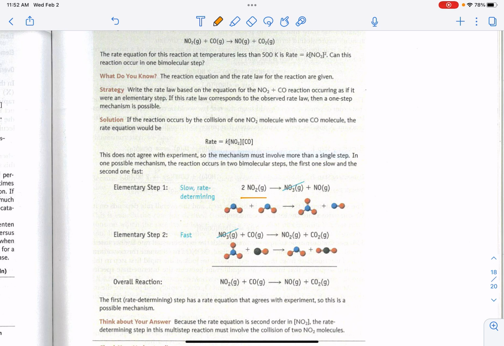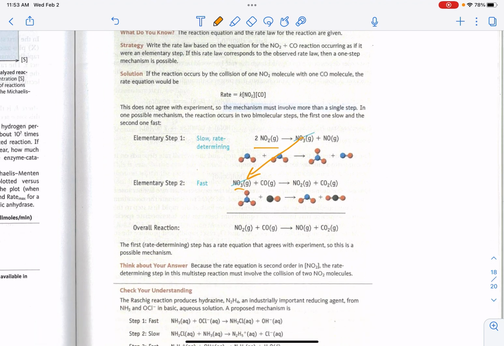And then in elementary step number 2, we propose that nitrogen trioxide, which is produced in step 1, is going to be consumed in step 2, and that intermediate product becomes my intermediate reactant. It reacts with carbon monoxide to produce nitrogen dioxide and carbon dioxide.